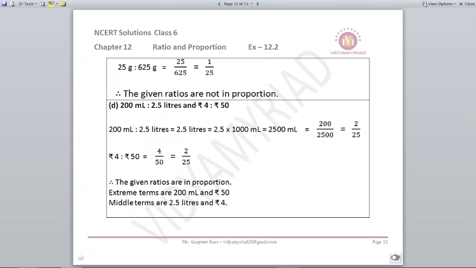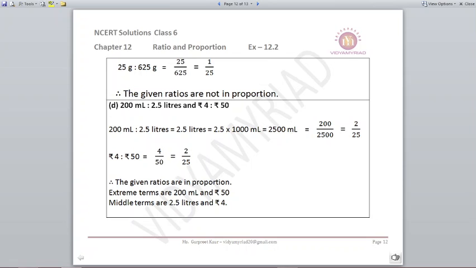Last part, 200 ml is to 2.5 liters. Here again we have different units. One is in milliliters, one is in liters. We will convert them into the same units. It is easier to convert liters to milliliters. So 2.5 liters multiplied by 1000 can be written as 2500 milliliters.